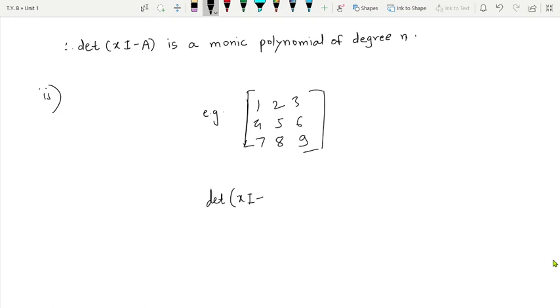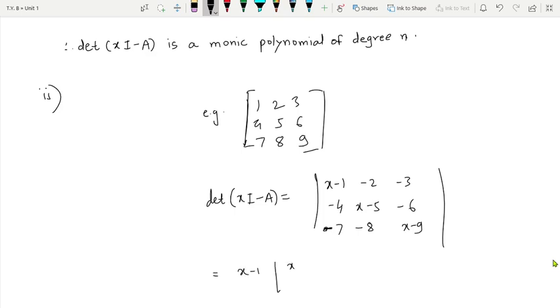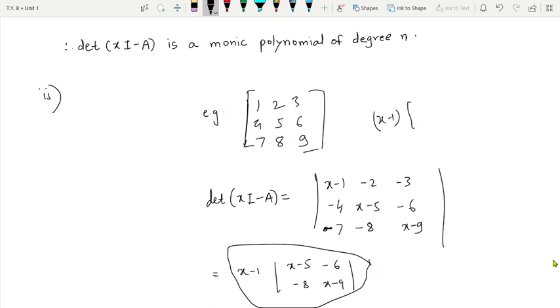Determinant of xI minus A will be equal to the determinant of x minus 1, minus 2, minus 3, minus 4, x minus 5, minus 6, minus 7, minus 8 and x minus 9. Okay, so just try to see the first term, x minus 1 times the determinant of x minus 5, minus 6, minus 8 and x minus 9, and if you try to solve it, this is my part of interest, so it will be x minus 1 inside the bracket, x minus 5 multiplied by x minus 9 and some minus whatever the value is, I am not interested.